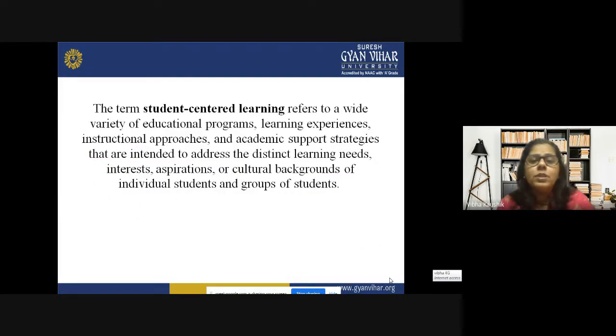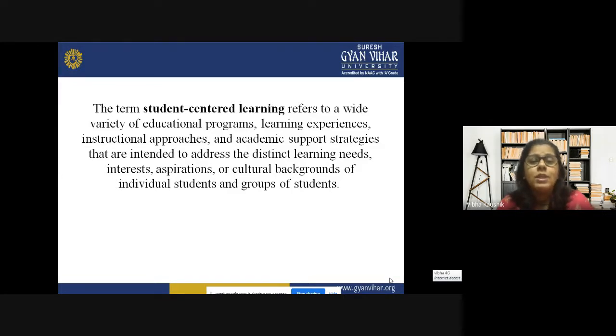The term student-centered learning refers to a wide variety of educational programs, the various educational programs that are included in student-centered learning. Learning experiences means the experiences which a learner gets through learning.